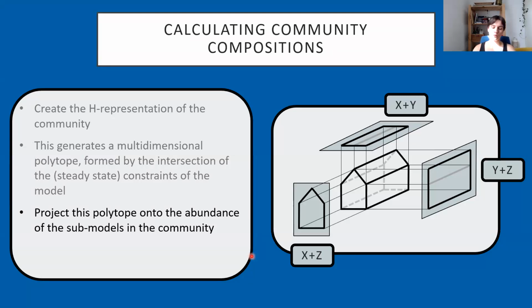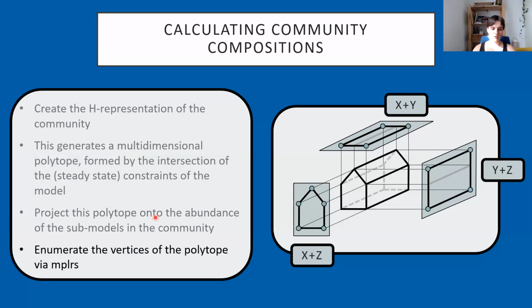And this would be the composition space of the community. The final step is to enumerate the vertices of our composition space with MPLRS, which stands for Multiprocessing Lexicographic Reverse Search, and is an algorithm that creates a list of the vertices of your polytope. So our result is just a list of vertices.